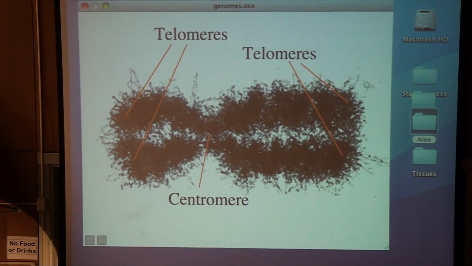When the cell is undergoing mitosis, it has to maneuver the chromosomes around. Like in metaphase, they get maneuvered to the middle, the equator of the cell, and in anaphase, the spindle fibers pull the two chromatids apart. Those chromatids attach essentially to the centromere region.